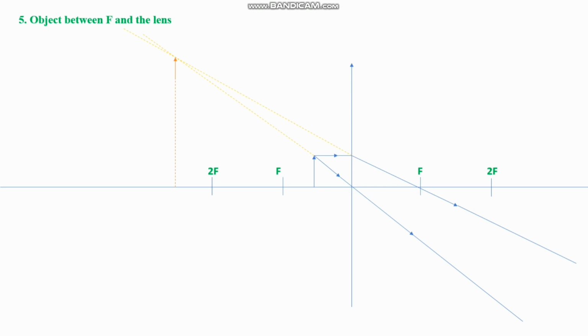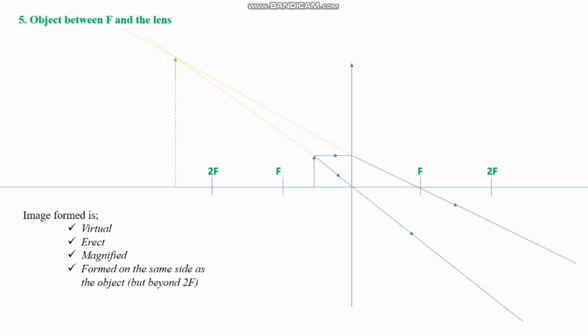So let us look at some of the characteristics of this image. As we have said, it is virtual, and for virtual rays like these ones and virtual images we use broken lines. The image is erect. As you can see, the object is facing upwards and the image is also facing upwards. The image is magnified. As you can see, the object is very small, but the image is larger in size compared to the object.